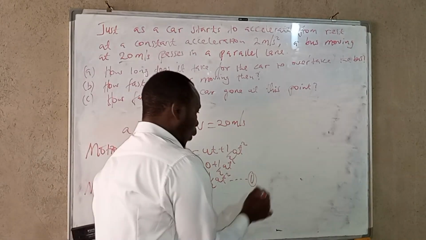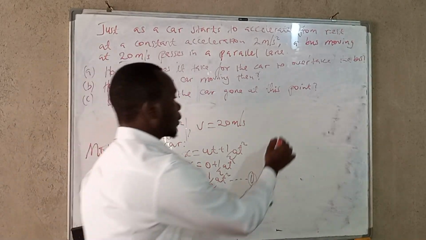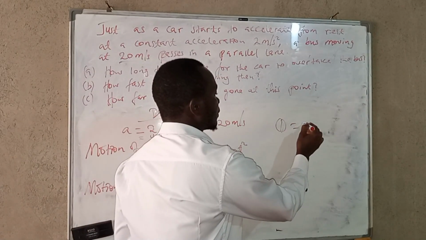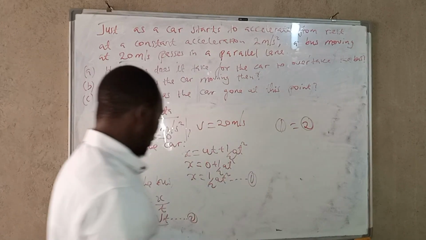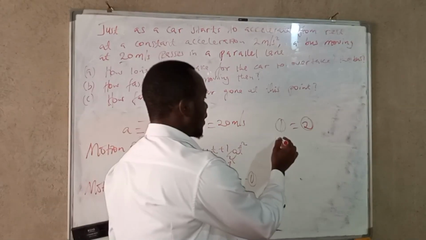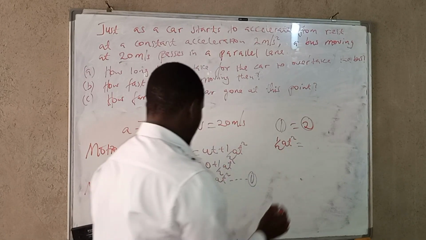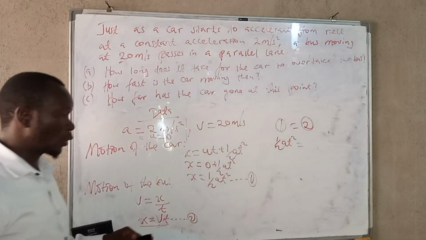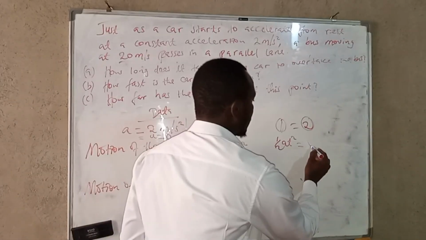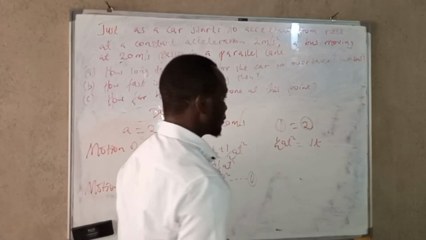So equation 1 is equal to equation 2. So we have half at squared is equal to vt.